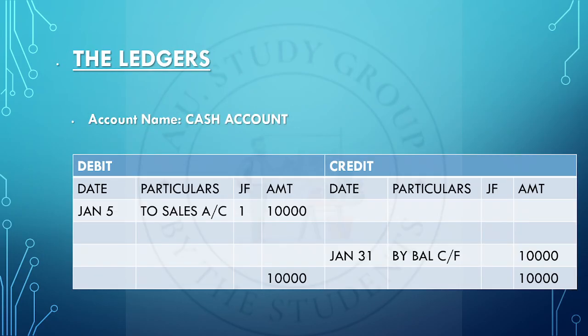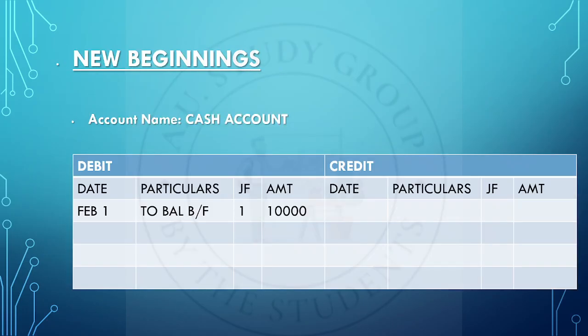For example, in the cash account, the debit side was 10,000 more, the credit side was 10,000 less. That is the reason we wrote balance carried forward. So because the credit side was less, it is called a debit balance. So the cash account has a debit balance of 10,000. That is the reason when we carry forward for the new accounting period, it will show as debit.